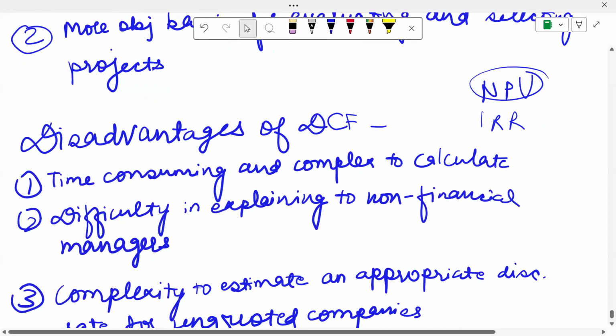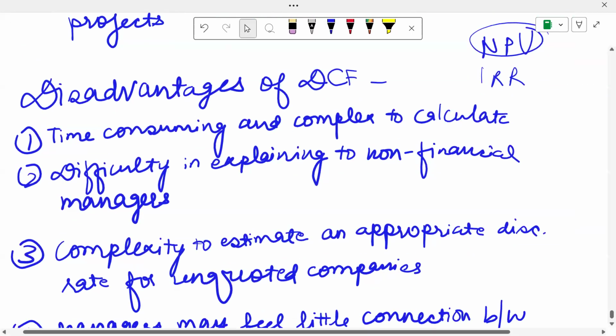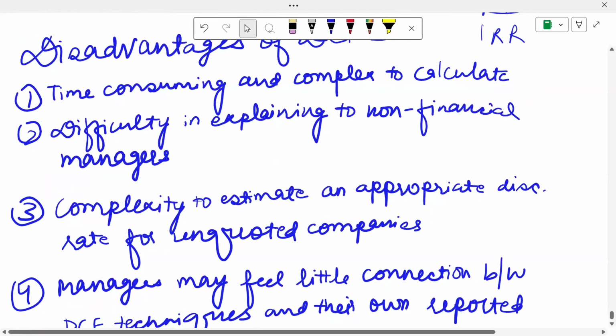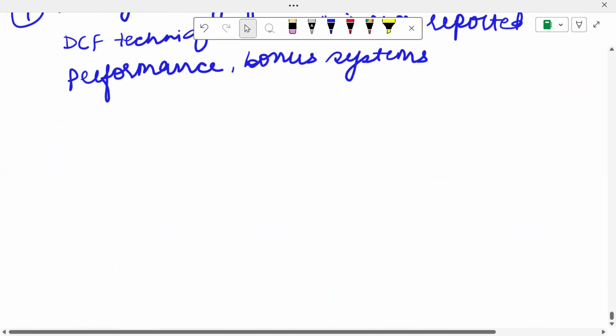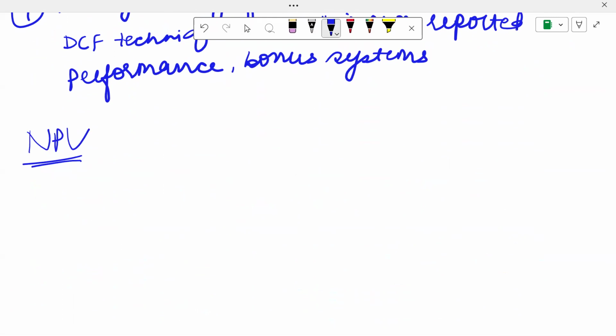Like I told you earlier, discounted cash flow techniques primarily refers to your NPV and IRR. Now, let's have a look at all of the techniques which we have been talking about. If I talk about NPV first, I'm sure you would have practiced a lot of full-fledged questions. This is just a revision that we're doing.